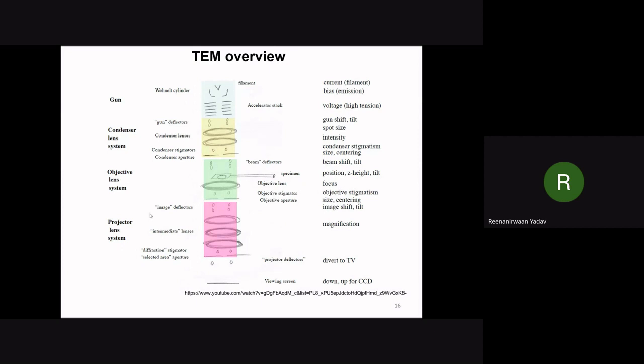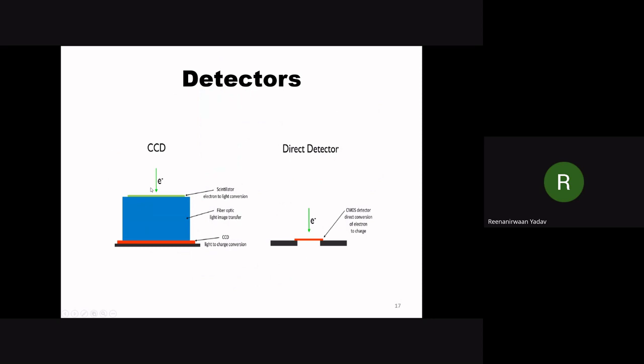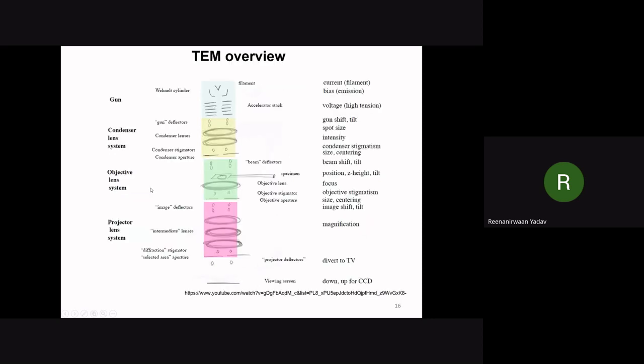For example, if we say our microscope is 200 kV, the voltage difference between the filament and the lower accelerating stack is 200 kV.